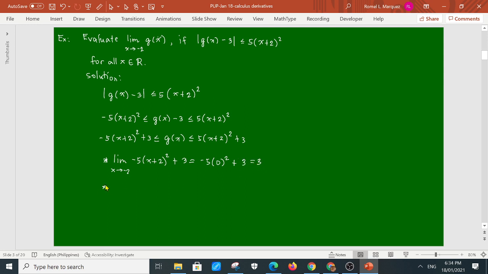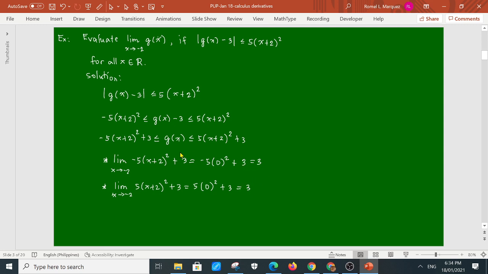What about the limit of the right extreme of the inequality? As x approaches negative 2, 5 times x plus 2 quantity squared plus 3. But this is positive 5. What's the limit of x plus 2 quantity squared? 0 as x approaches negative 2. Then plus 3. And that is going to be 3 also, no?